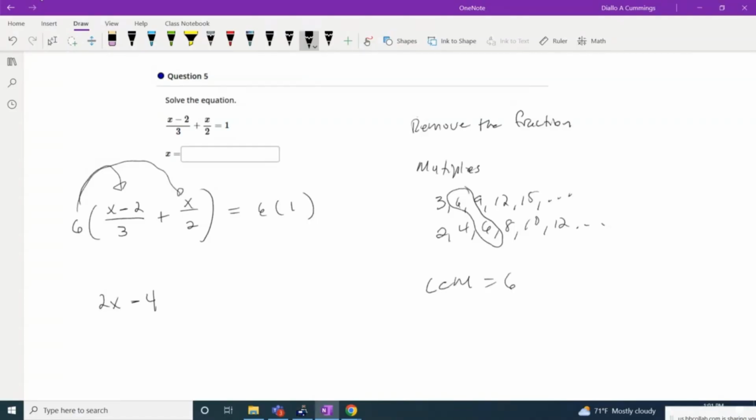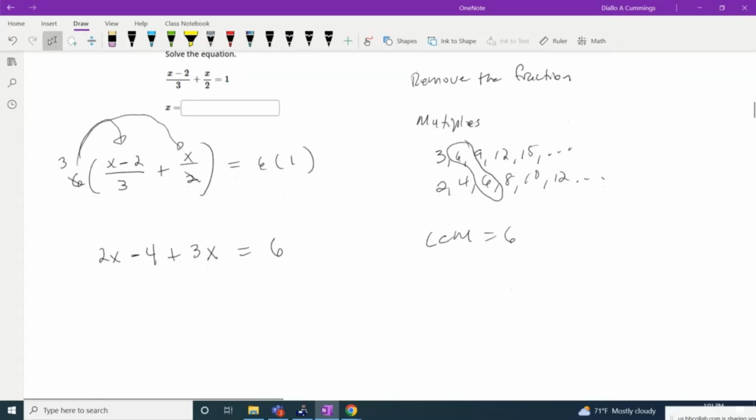So I'm reverting that back to a 6. 6 and 2 reduce down to 3. And if I distribute my 3, I have plus 3x. And if we multiply 6 by the right-hand side, that right-hand side is equal to 6. All right, so we have removed the fraction by finding that least common multiple. That was our first step.